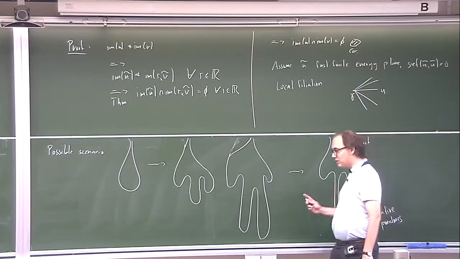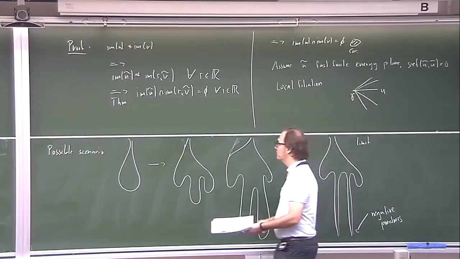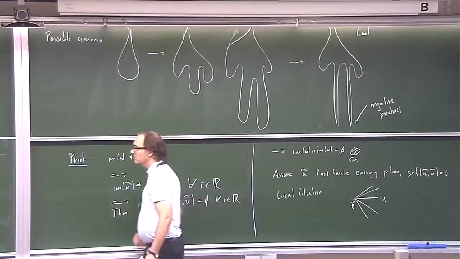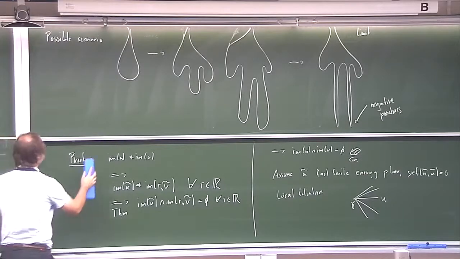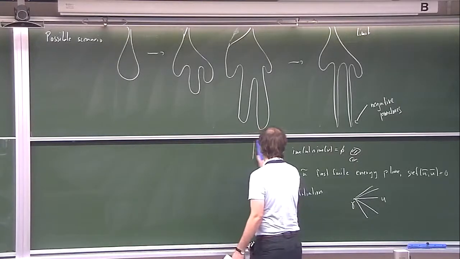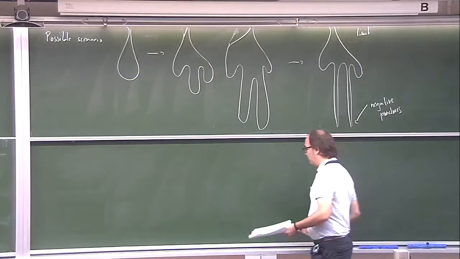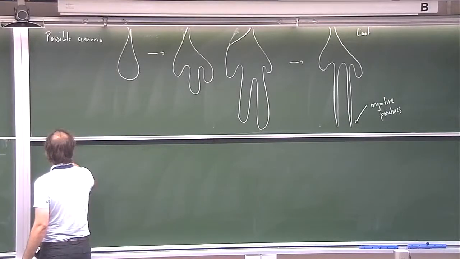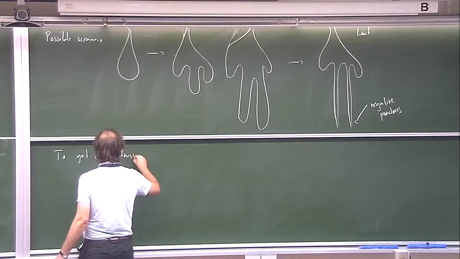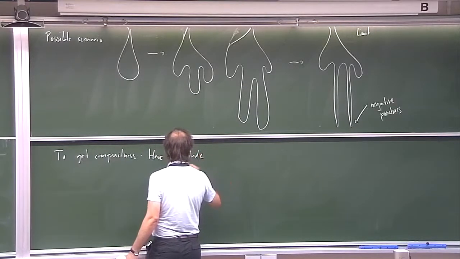And then to actually get compactness, we have to exclude negative punctures.